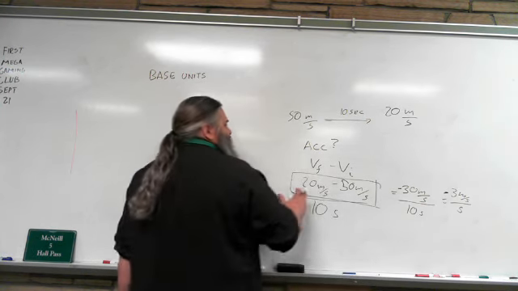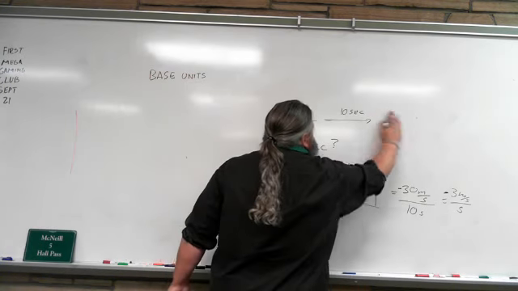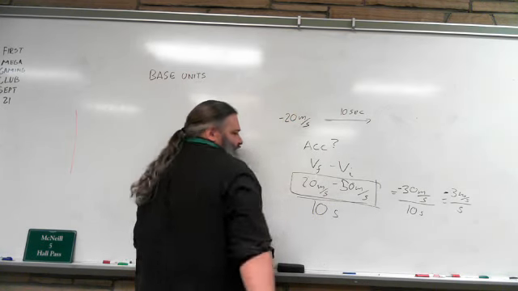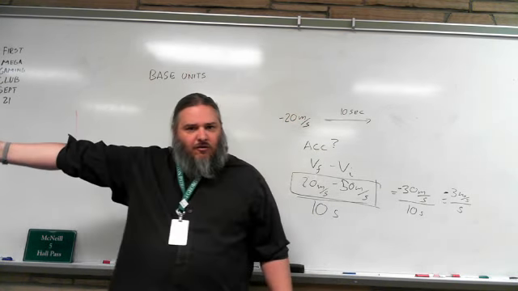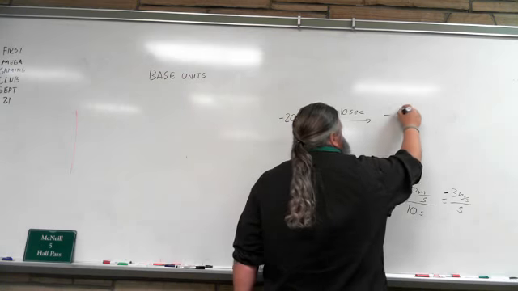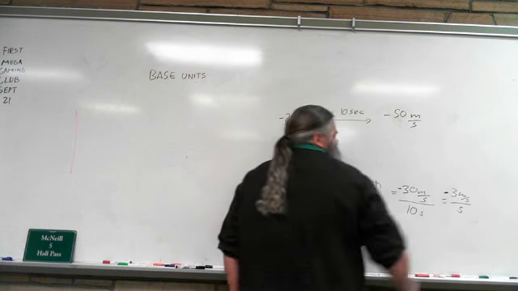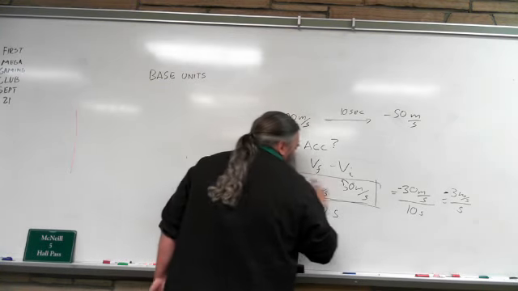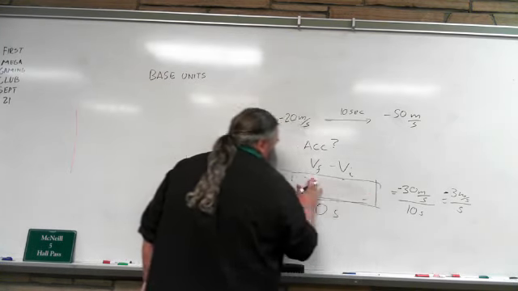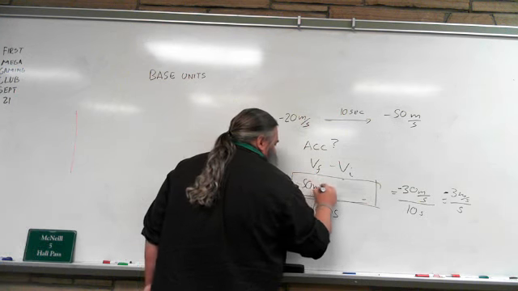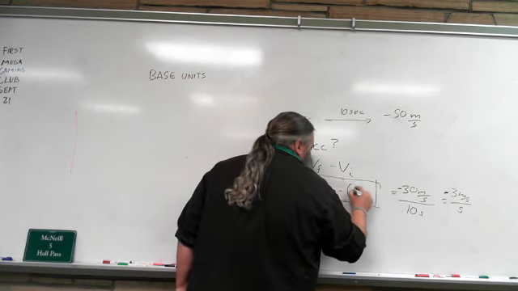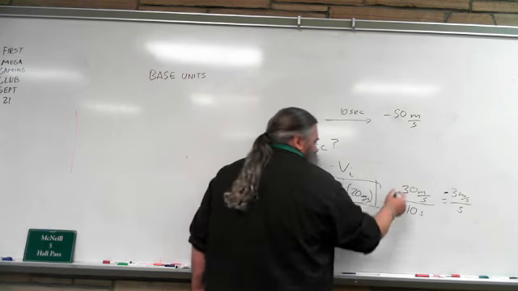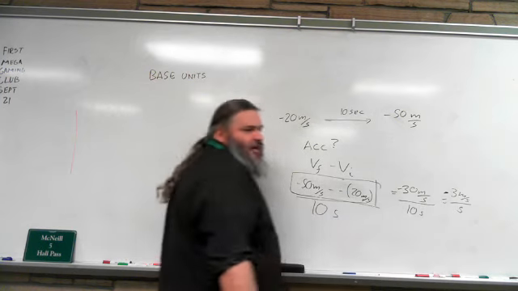Cool? Imagine instead that it's going negative 20 meters per second, which just means it's going that way at 20 meters per second, and then 10 seconds later it's going 50 meters per second negative, that way. In 10 seconds, it changes to negative 50 meters per second minus a negative 20 meters per second, which gives me negative 30, which gives me the exact same result.